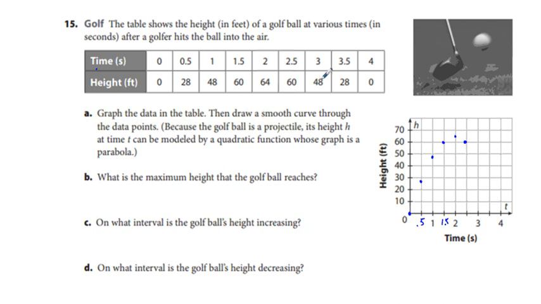At 3 seconds, we are at 48 feet. I'm going to make a concluding statement later. Let's finish a couple more points. At 3.5 seconds, we're at 28 feet. And at 4 seconds, we are at 0 feet.